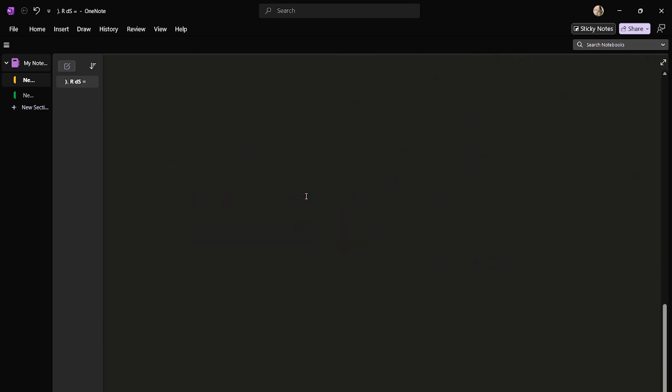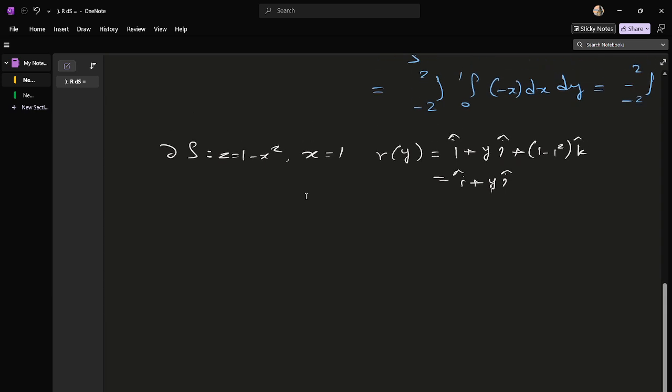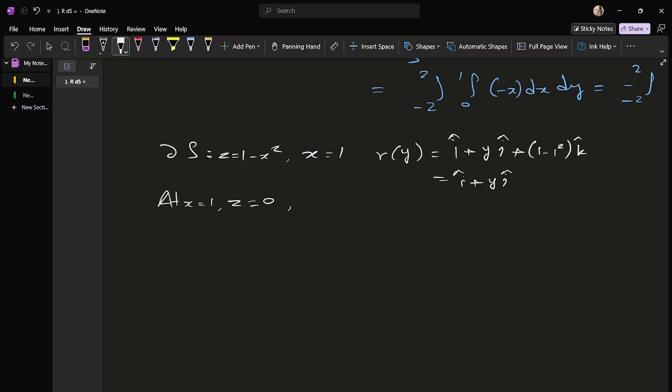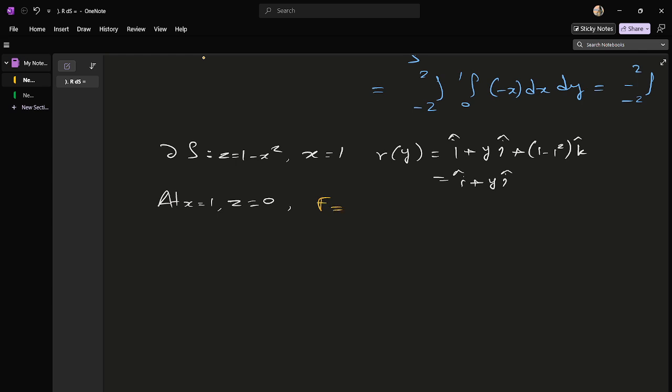So we have to compute the line integral at x equal to 1 and z equal to 0. Now F becomes y i cap plus 0 j cap plus 0 k cap. That means it's only y i cap.